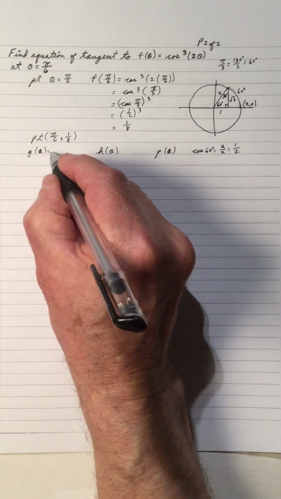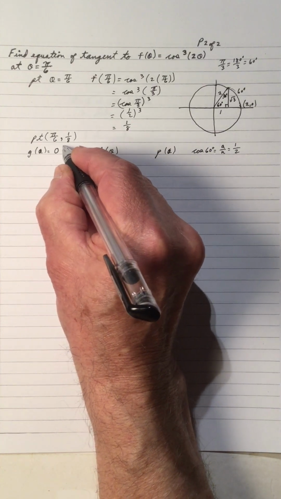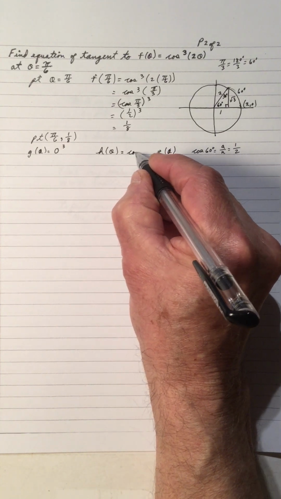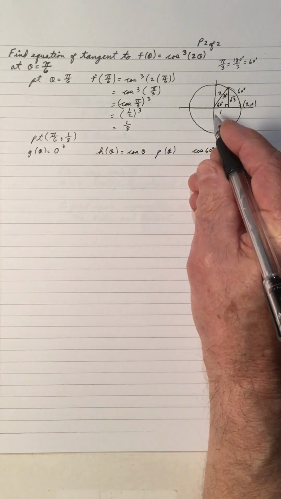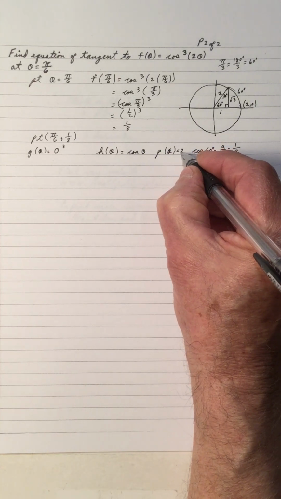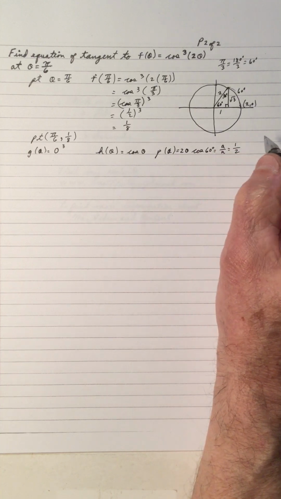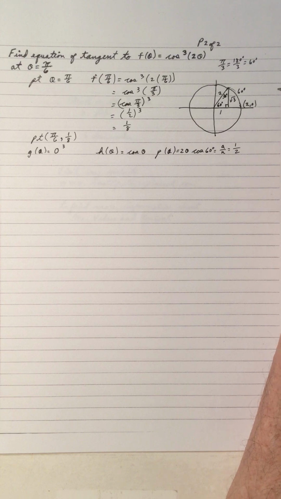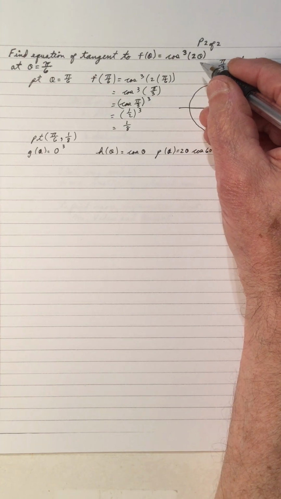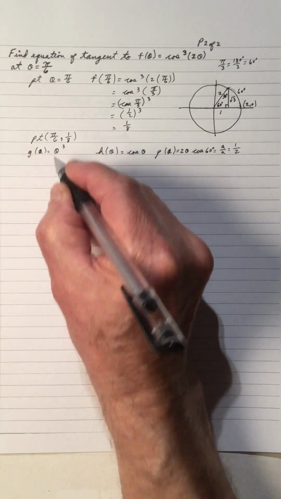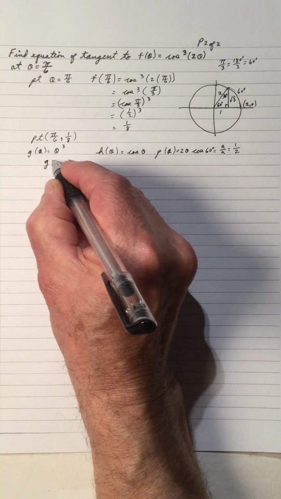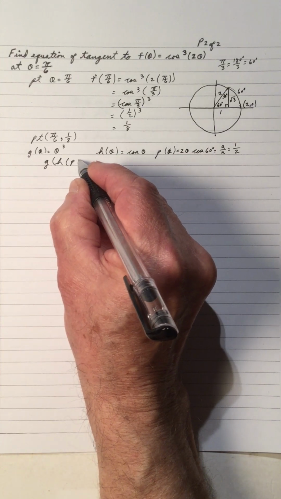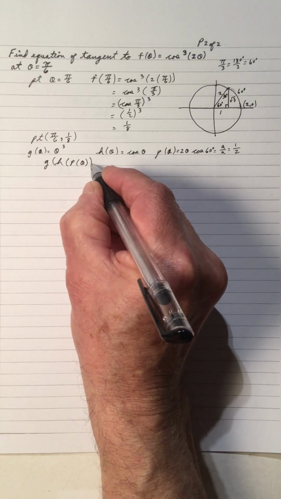So g is theta cubed, h is cos theta, and p is 2 theta. So notice now, when I say derivative, before we had d dx, but now we have d d theta. So what we have is g, h, and p in terms of theta. So we got 3 of them.